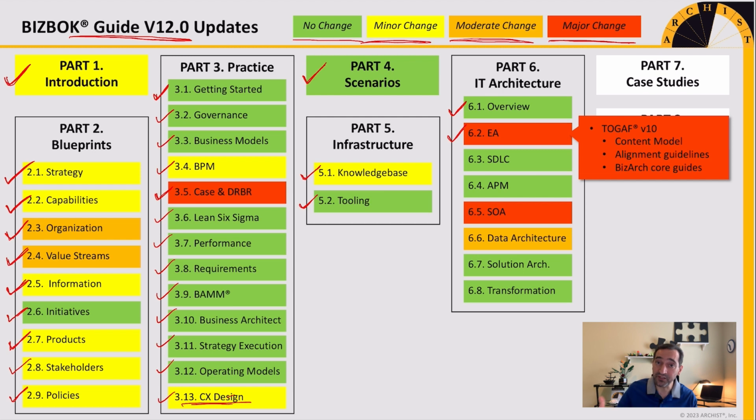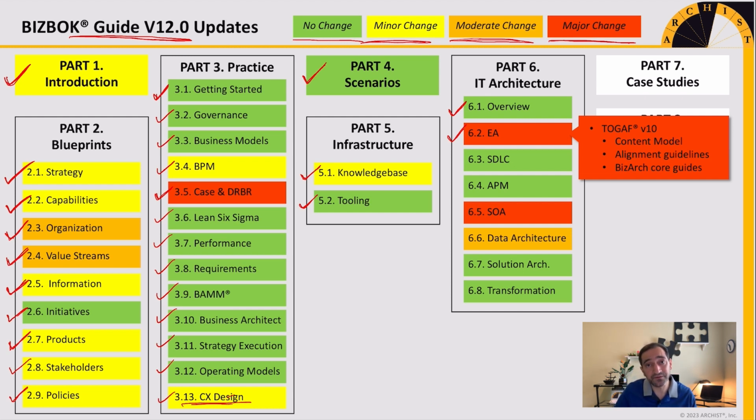And subsequently the alignment and the mapping of BIZBOK business architecture meta model to the TOGAF version 10 business architecture content model. So you find that alignment and the mapping in the version 12 along with the updates and the refinement of the guidelines of the alignment between business architecture and the TOGAF architecture development method, or ADM, and specifically to phases A and B of the TOGAF ADM.